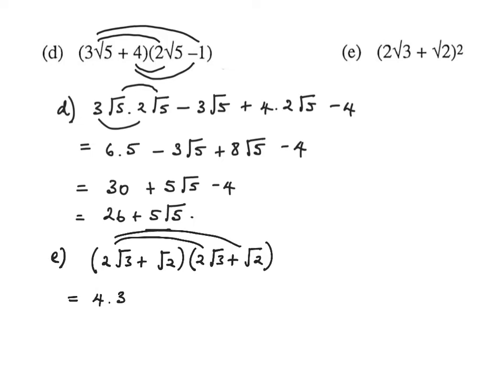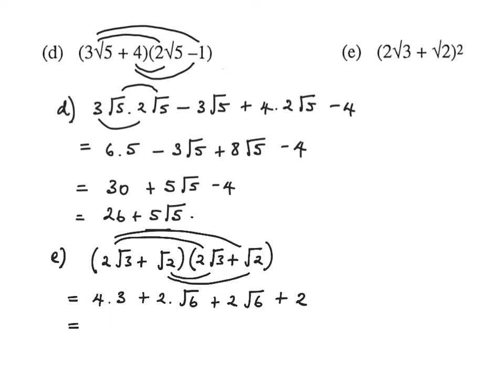Now, I have 2, and the root 3 times the root 2 gives me root 6. And I've got another 2, root 3 root 2 gives me root 6. And then I have root 2 times root 2, which is root 4 or 2.